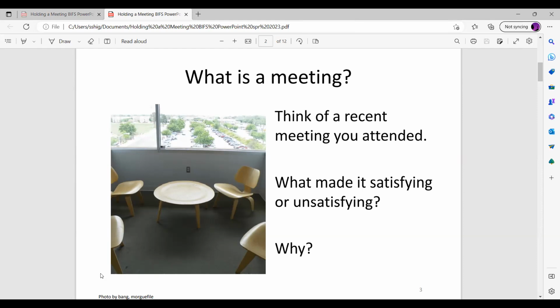And oftentimes employees regard the meeting as a waste of time. We're going to address, as I said, ways to prevent that from happening, right? How can we make more effective meetings, or make sure that at the end of it, the objectives of the meeting have been met, right?